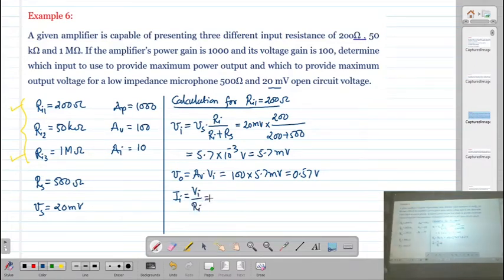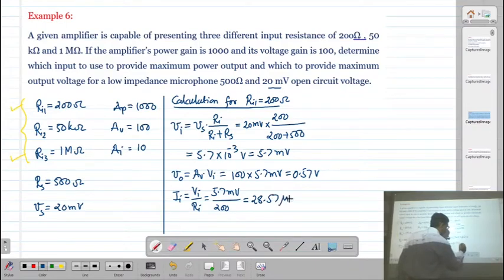Vi we have calculated, it is 5.7 millivolt, and my Ri I have to consider 200 ohm. Correct? So that will give you the input current, and this input current comes out to be 28.57 microampere. You can use the calculator for finding this ratio.